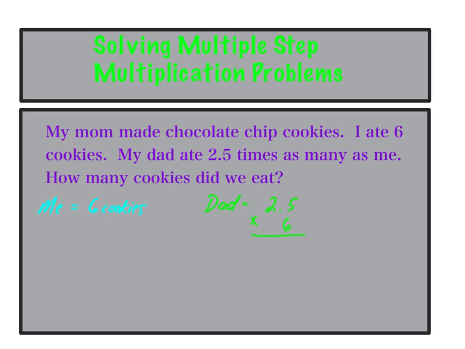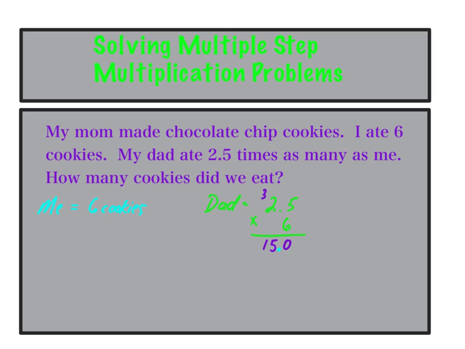Now we can just ignore that decimal for now, and multiply as normal. 0, carry the 3, 6 times 2 is 12, add 3 more is 15. Now, even on his hungriest day, I don't know anybody that could eat 150 cookies. So remember, we cannot forget that number to the right of the decimal. So we need to come back in and put our decimal.